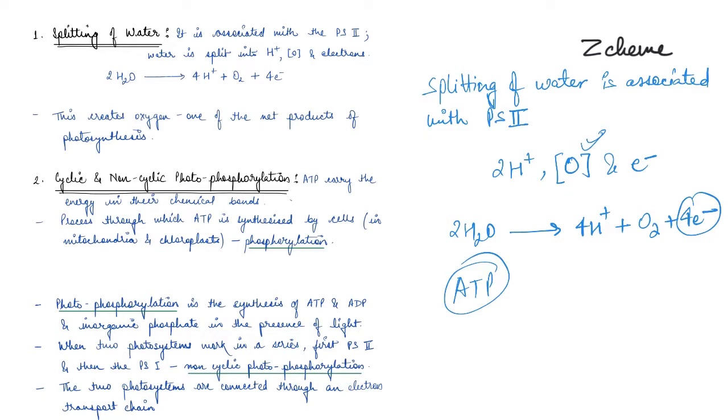So basically, the process through which ATP is synthesized by the cells, and where is this ATP synthesized? In mitochondria. We call mitochondria the powerhouse of the cell, and also in chloroplasts.